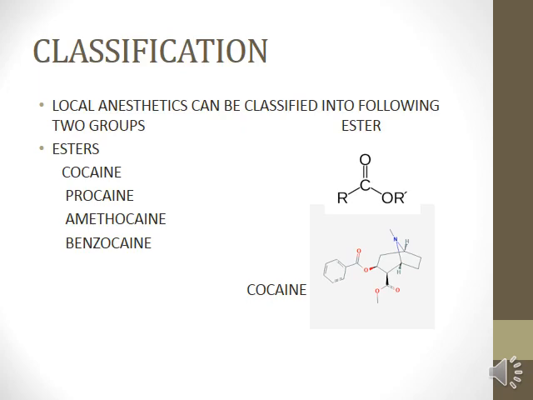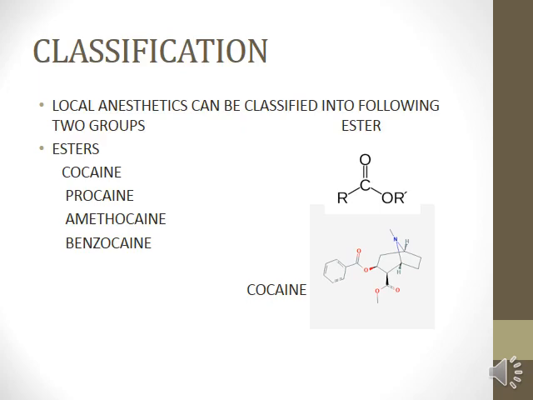In this slide you can see the basic structure of ester, and here the structure of cocaine is also given. You can see in the basic structure of ester there are two oxygen molecules bound to the carbon, and similarly in cocaine you can see that there are two oxygen molecules bound to the carbon.